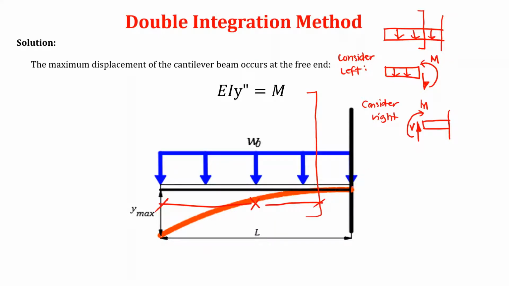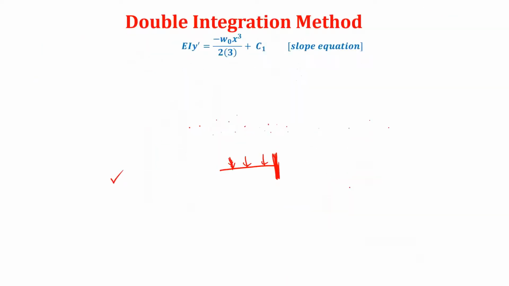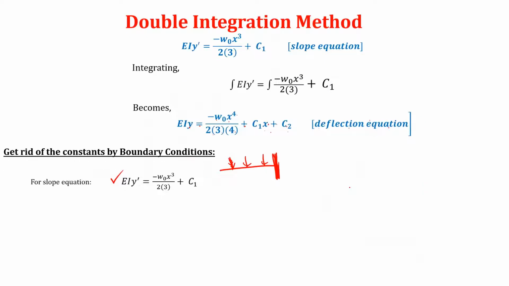So when x, the distance, is equal to L, there is no slope, because at x equal to the length, that is where the fixed support is. And we said earlier that at a fixed support there is no slope. That's why at x equal to L, y prime is equal to 0.